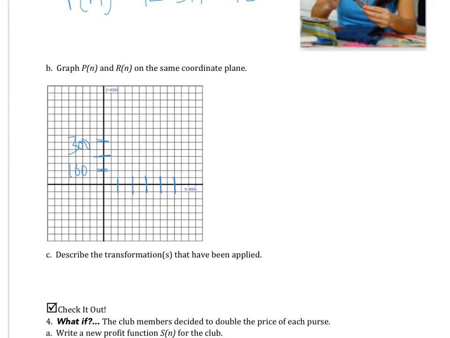The original function, 12.5n, at 10 is approximately 125, and 20 times 12.5 is 250. There's your original function. And then your new function, minus expenses, means you have to subtract out 75.